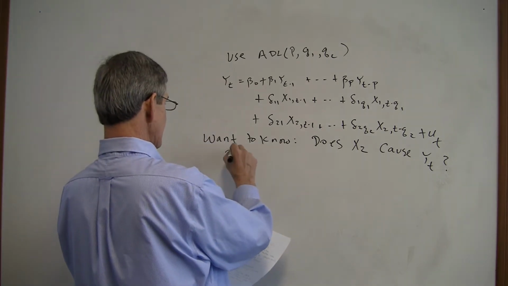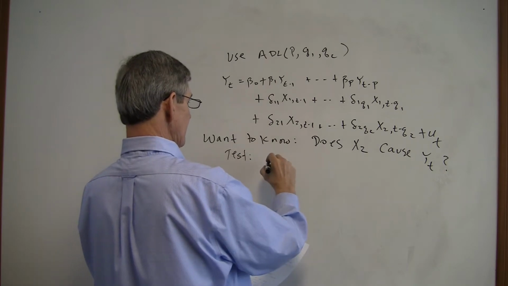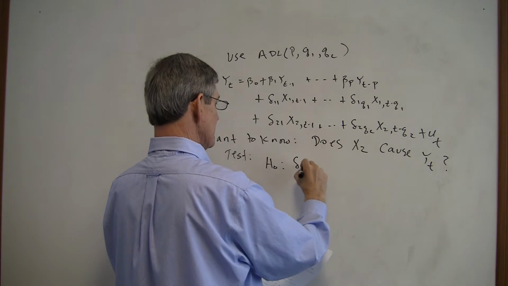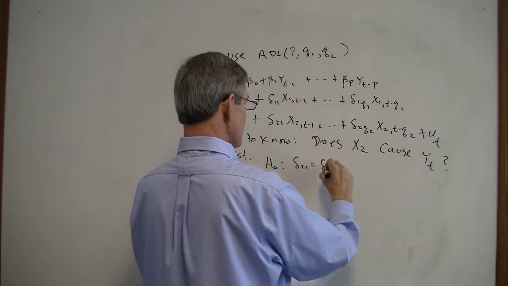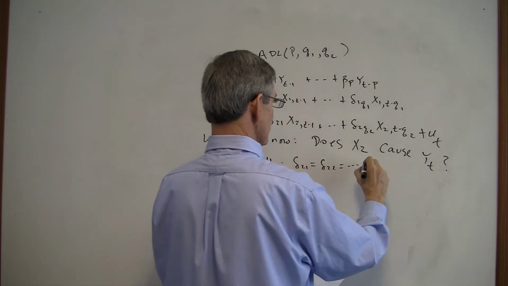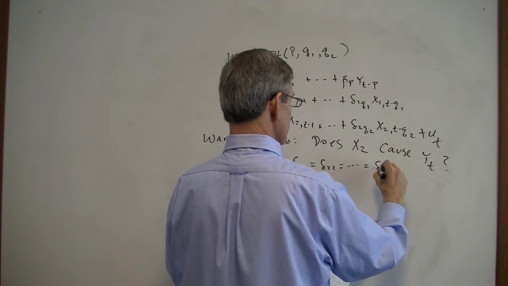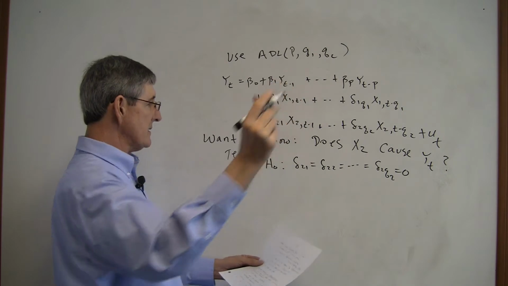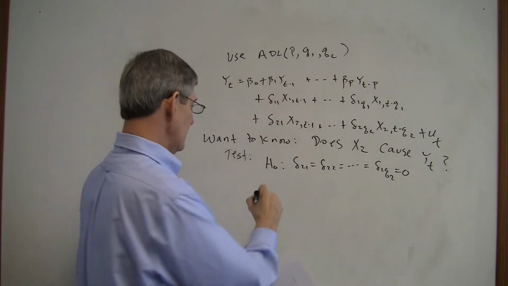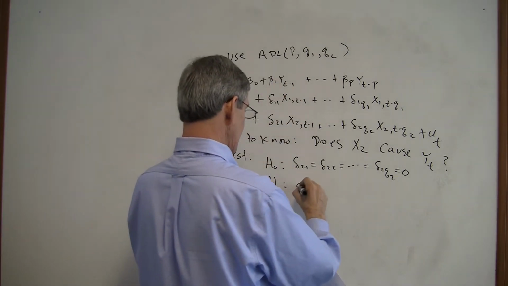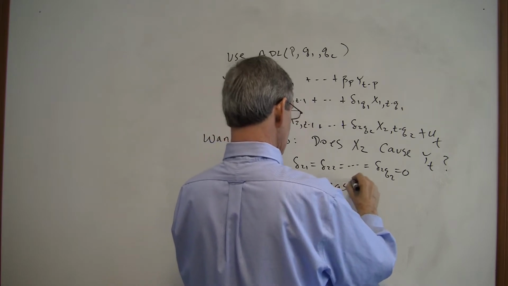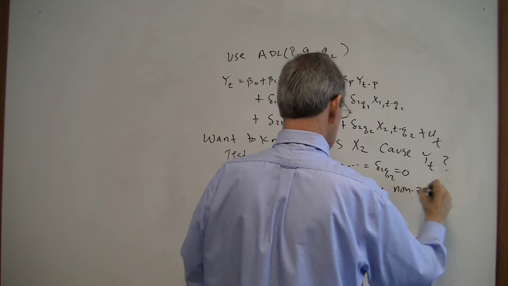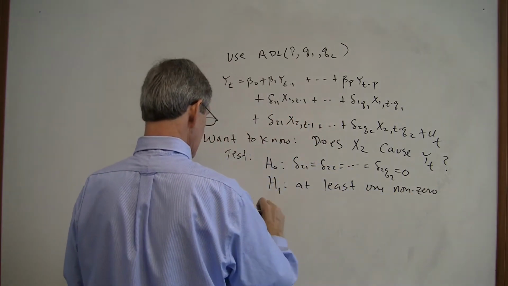So the test is simply the null is that all of the deltas, delta 2 1 equals delta 2 2 equals delta 2 q2 equals 0. Are all the deltas jointly 0? The alternative is at least one is non-zero. And it's just a standard F test.